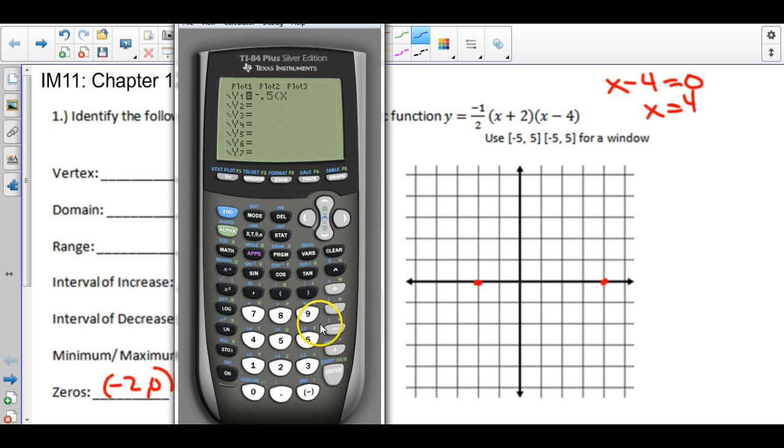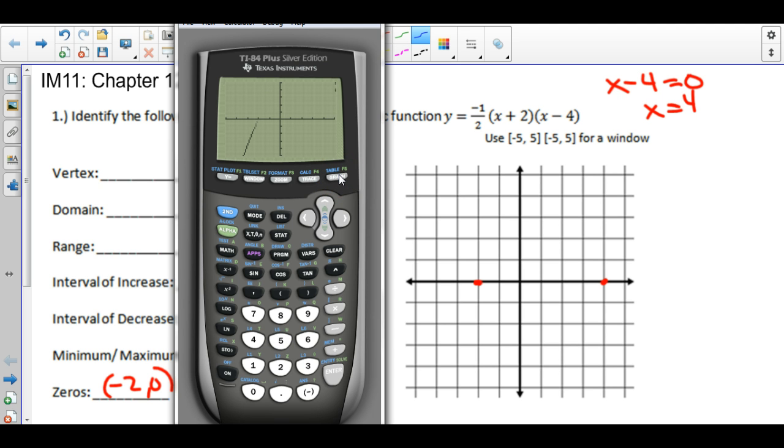So I have (x plus 2) and (x minus 4), and then I also give you the window. If we want to make the most accurate sketch, we're just going to follow the window, which is x values going from negative 5 to 5, counting by 1, and the y values also from negative 5 to 5, counting by 1.